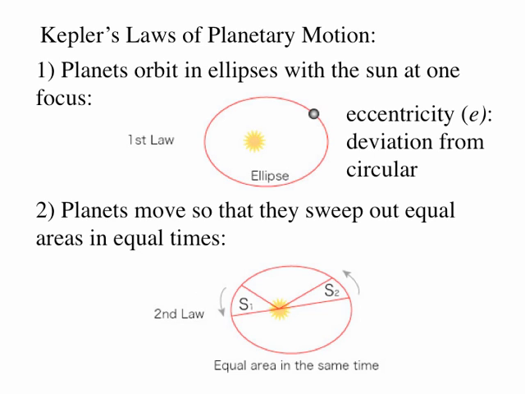So in this graphic we can see that S1 and S2 are equal areas, and obviously the arc length of S1 is more than the arc length of S2, which means that the speed of the object, whatever planet this is, as it travels closer to the sun must be greater than the speed that it travels farther away from the sun.